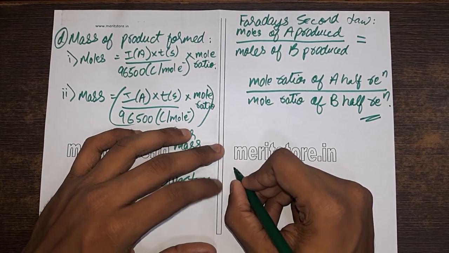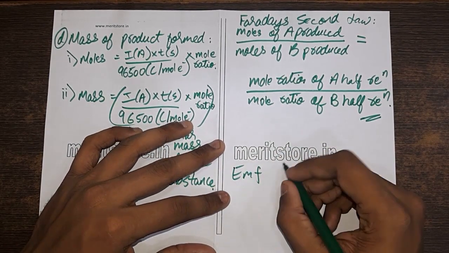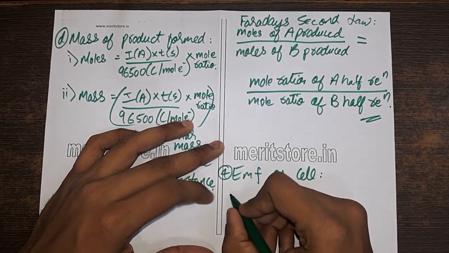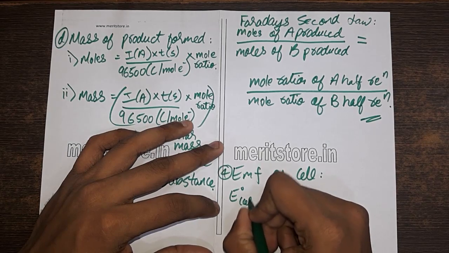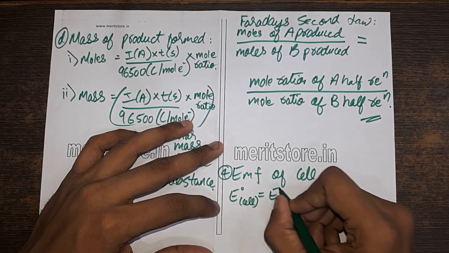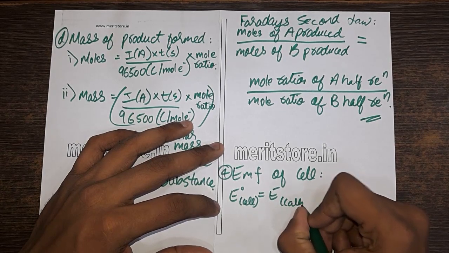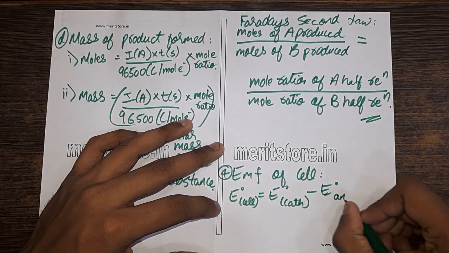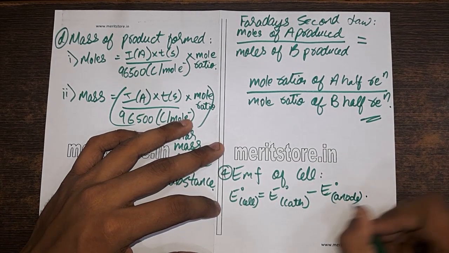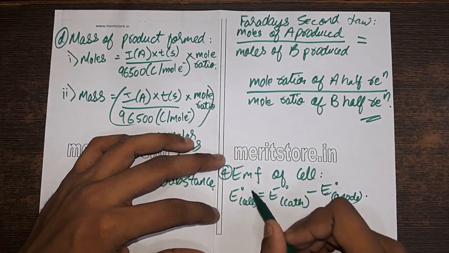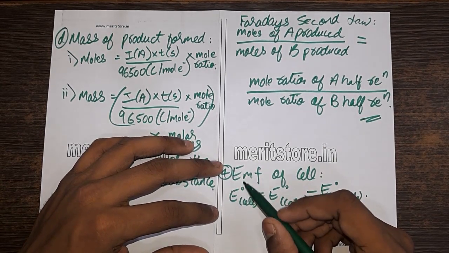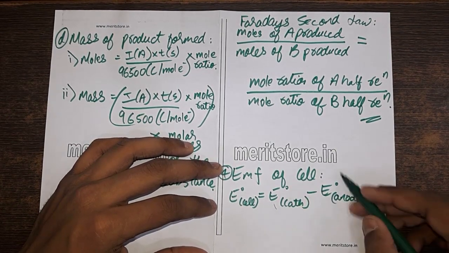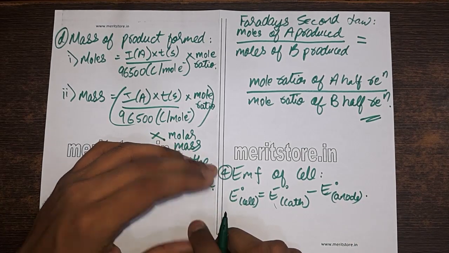Next, we see the EMF of a cell. It can be written as the E of a cathode minus E of the anode, where this is a standard cell potential, this is the standard potential of the cathode, and this stands for the standard potential of an anode.